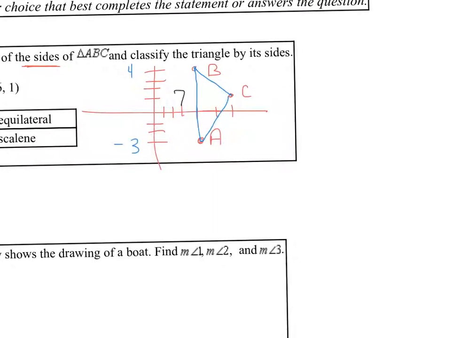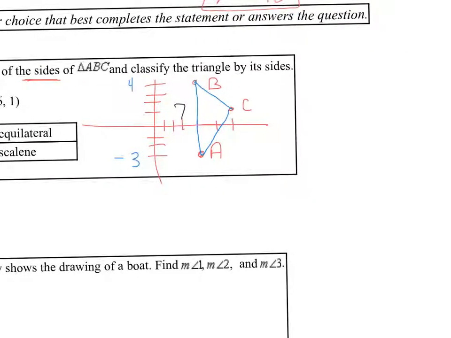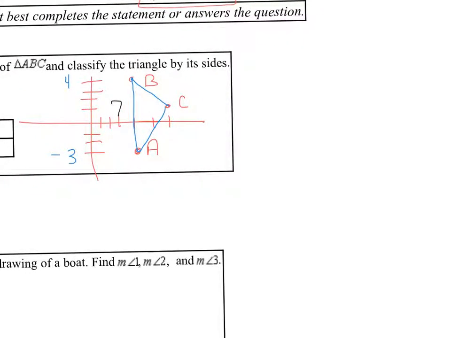Well, I need to know B coordinates, which is 4, 4, and C coordinates, which is 6, 1. And then label it x1, y1, x2, y2.